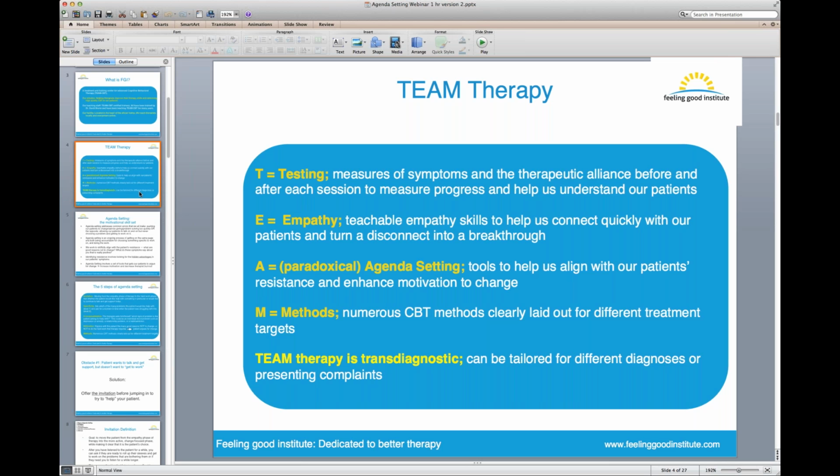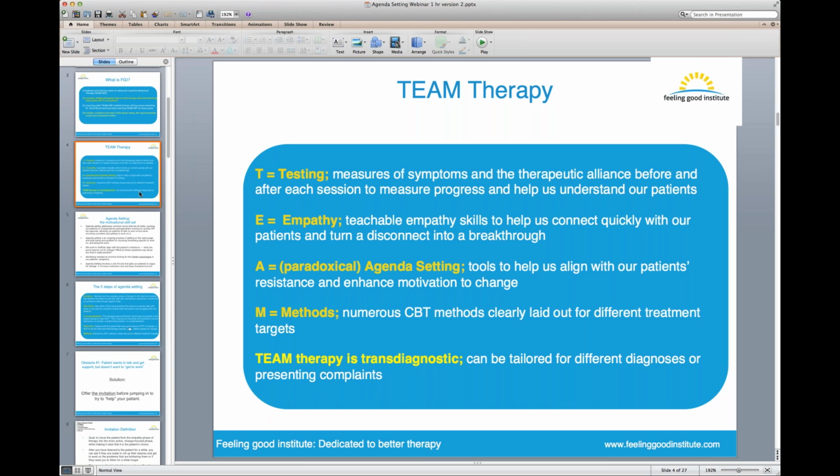Some of agenda setting is fairly straightforward, and I'll be showing that to you today. And some of it is paradoxical, meaning that rather than trying to push our patient to set an agenda, we actually side with the voice of the patient's resistance. What are good reasons not to change? We find that this paradoxically boosts motivation. We put our patients in the role of arguing for change. And then the M in TEAM stands for methods.